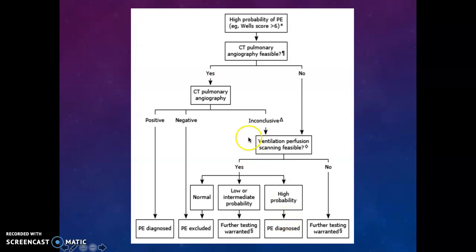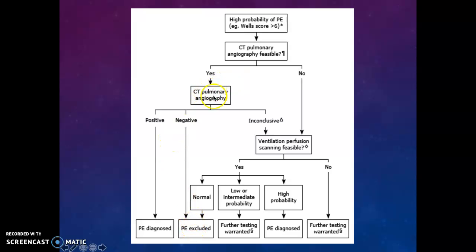So if a patient has a very high probability of PE, that is their Wells score is greater than 6, the gold standard test is CT pulmonary angiography. If a CT pulmonary angiography is feasible, you do that, and if it's positive, you have a perfect diagnosis of PE right there and then. However, if it's negative, it excludes PE for you.